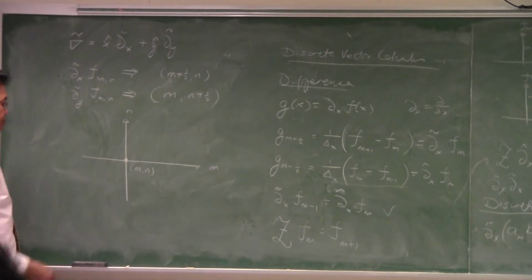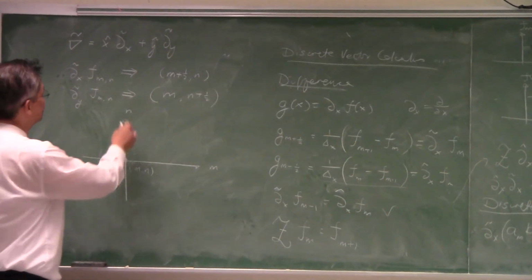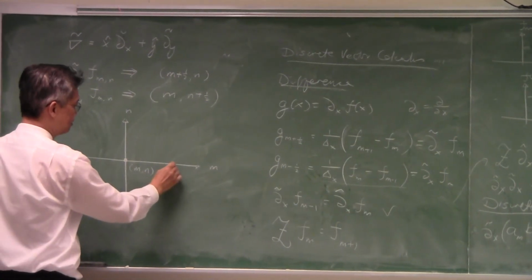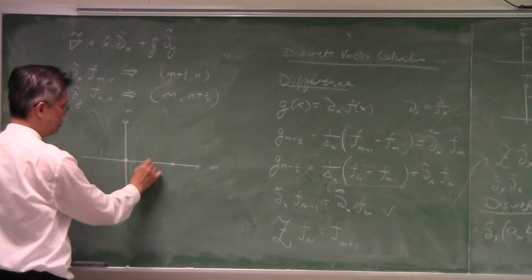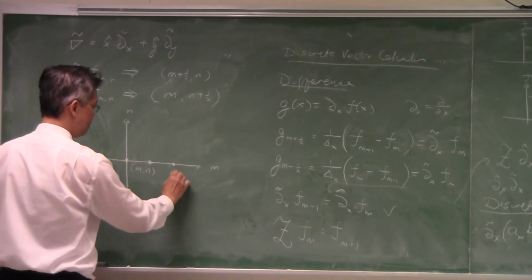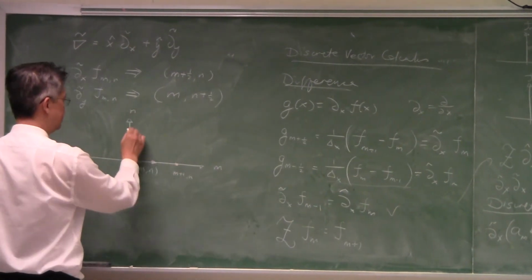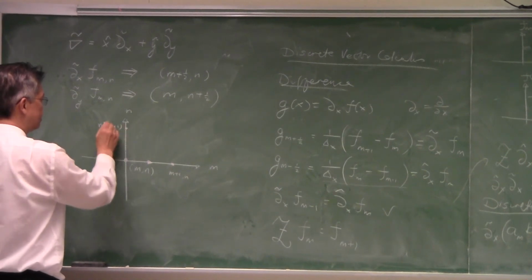so I actually have shifted my coordinate system a little bit. Then the x component is actually associated with a value here. This is m plus 1, n, and this point here is n plus 1.